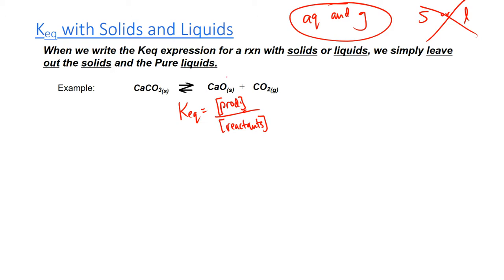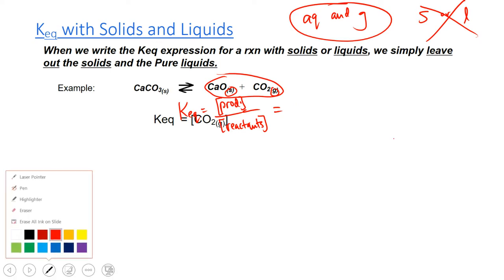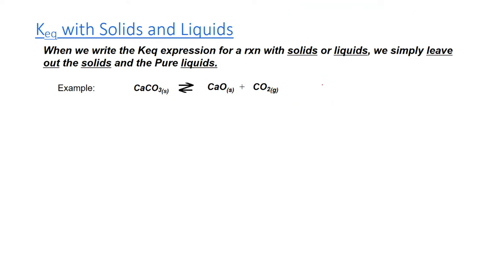So we still start with our products. Let's look at our products. This first product here, a solid, don't even touch it, okay? My second product, my carbon dioxide gas, that'll get included. So on our formula here, I've got the concentration of my carbon dioxide divided by, now I look at my reactant side.